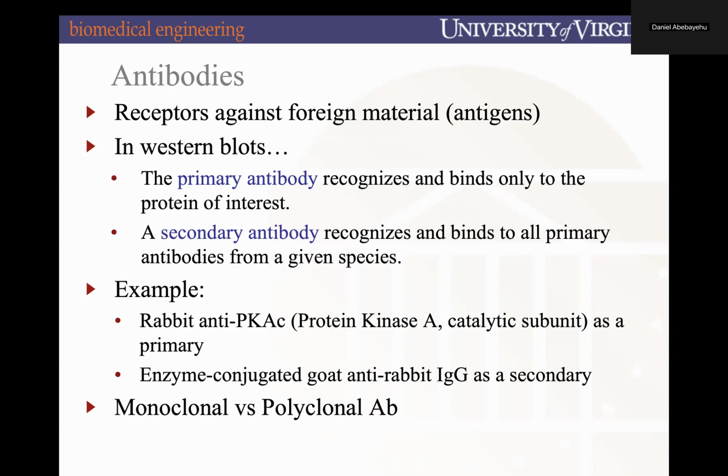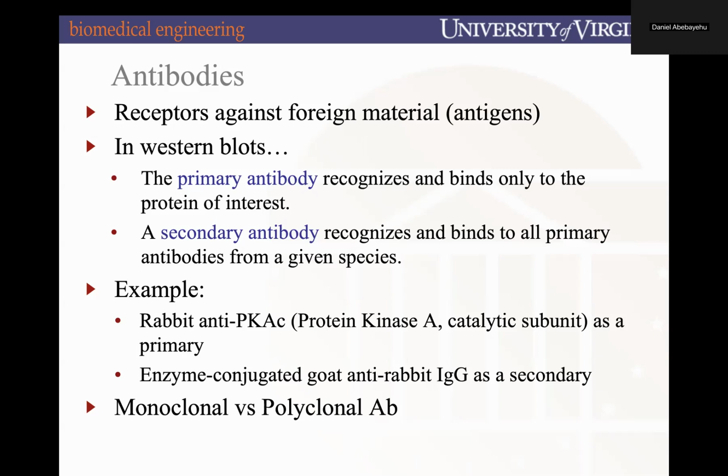So again, for example, here we have another example where the antigen of interest is PKA, protein kinase A, and it's specifically its catalytic subunit. We talked about in the previous lecture series that cyclic AMP promotes the regulatory subunit to dissociate, and we just have the catalytic subunit. So the antigen of interest is PKA's catalytic subunit.